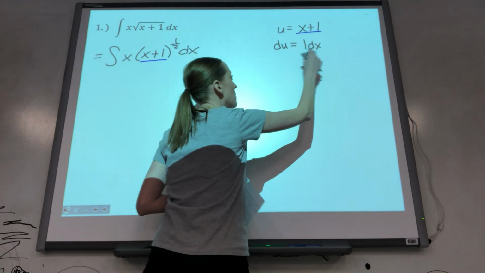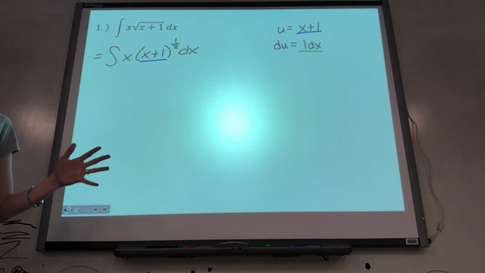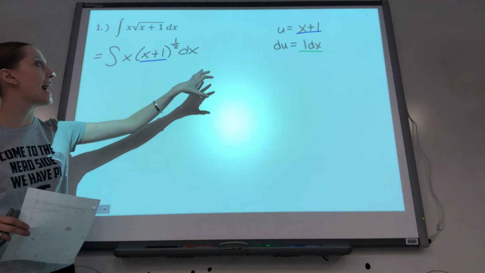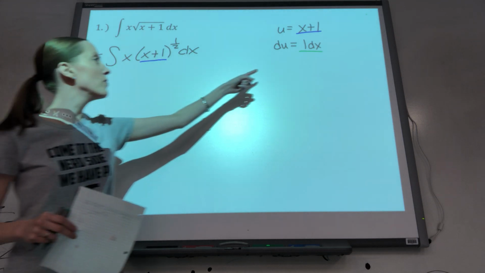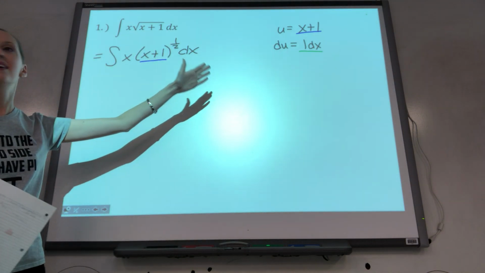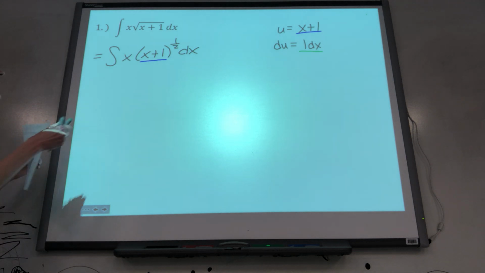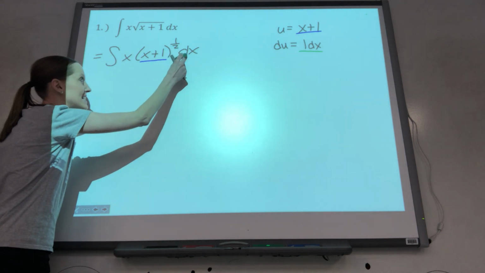But this is the problem. The only thing you're supposed to have in this integrand, the rest of it, is only supposed to be 1 dx. We have x dx.